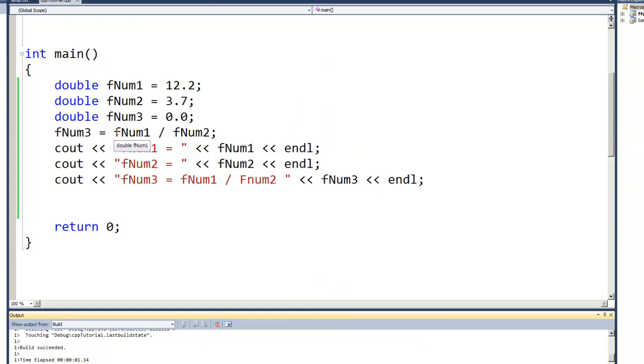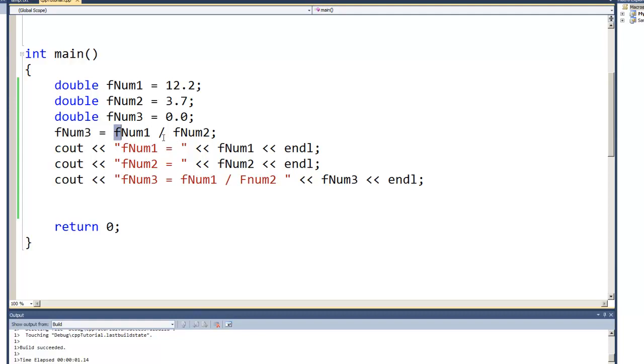Now, remember we talked about the order of operations, the order of math operations. So if we had multiplication and addition, I'm going to say maybe times 4.0. Now it says fnum1 plus fnum2 times 4.